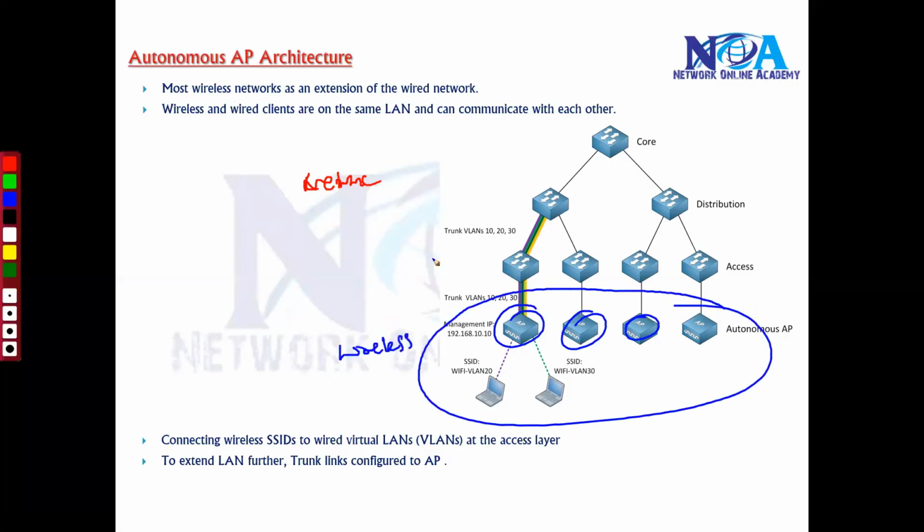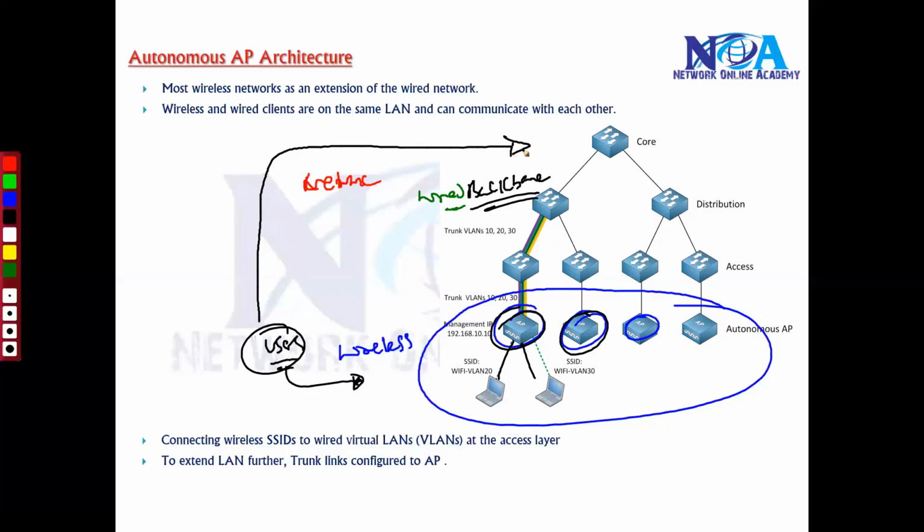It acts as an extension to your wired network, which means you still have a wired backbone network, and you want the users connecting wirelessly to get mobility, connecting to the network through the wireless infrastructure. So you need to make sure these wireless users can also access the resources present on the wired network.